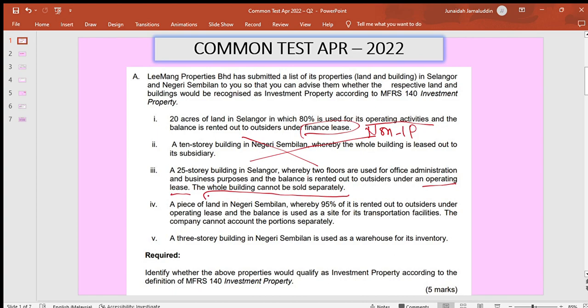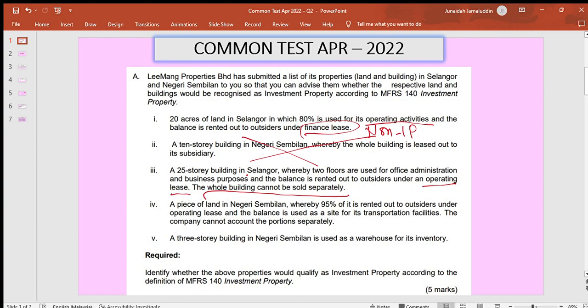If the property cannot be sold separately, we have to look into whether the portion that is used for office administration and business purposes is significant or not to the arrangement of the property as a whole.